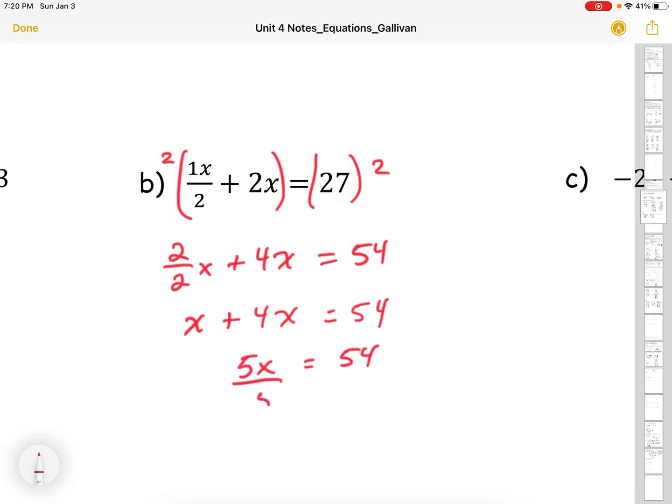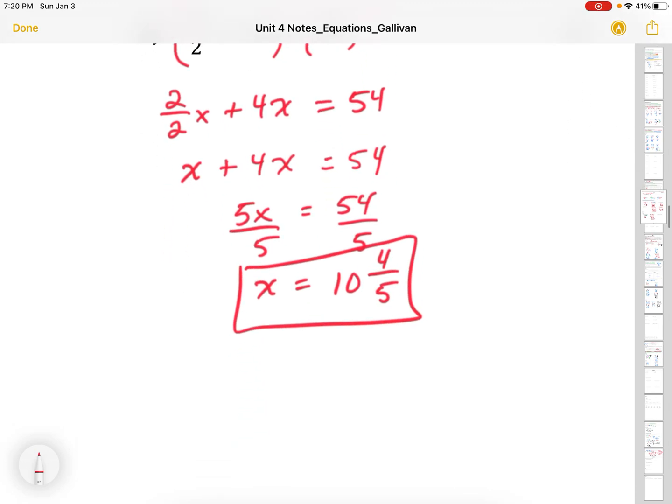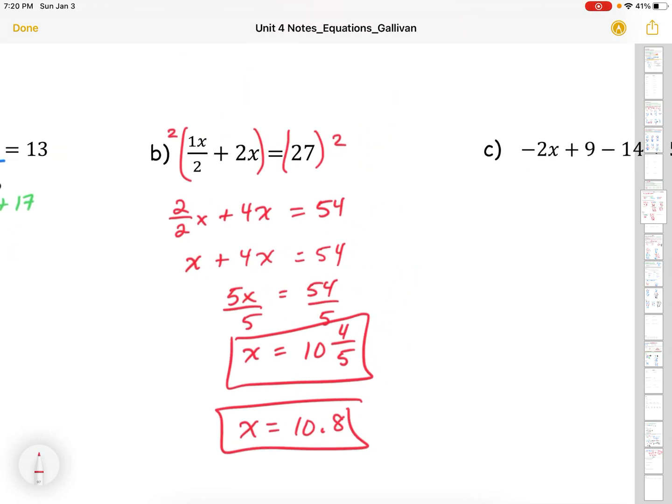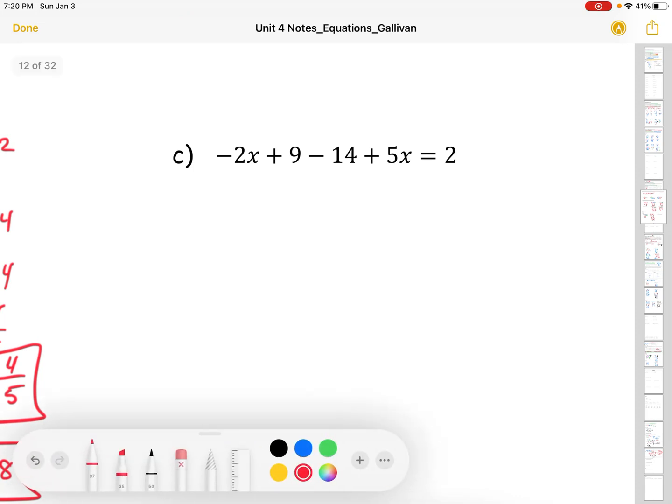So x plus 4x is 5x. And I'm going to divide both sides by 5. Now 5 goes into 54 10 times with 4 left over, so 10 and 4/5. Now you can also write this as a decimal unless otherwise specified. But since there's a fraction in the original question, I would put it in fraction form.